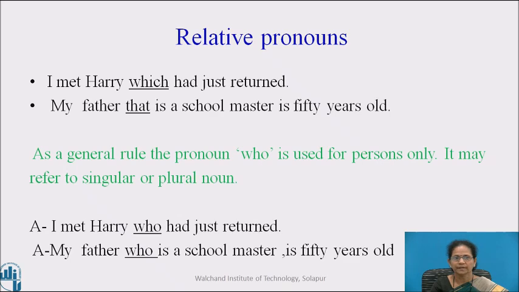According to the general rule, the pronoun who is used for persons only. It may refer to singular or plural. That's why: I met Harry, who had just returned, and my father, who is the schoolmaster, is 50 years old. Harry and my father are persons, and that's why we have used who instead of which or that.